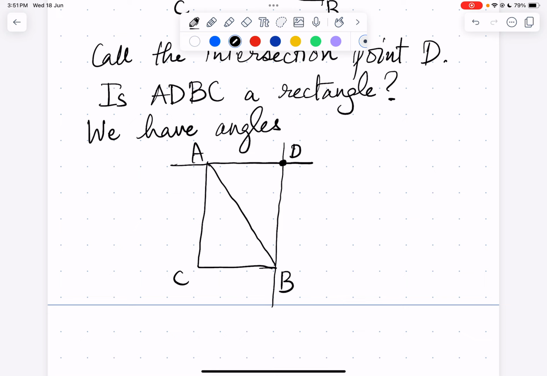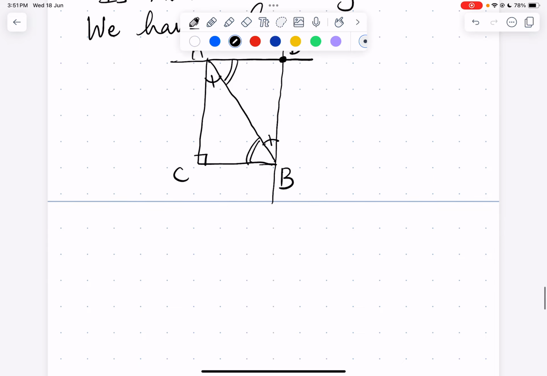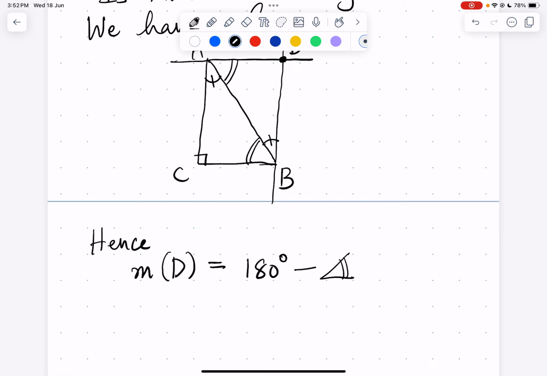Now we have this equality of angles. This angle is same as this angle because the lines are parallel, and even this angle is equal to this angle. Hence, for example, the measure of the angle at D is equal to 180 degrees minus this angle. You're subtracting both these angles from 180 degrees.